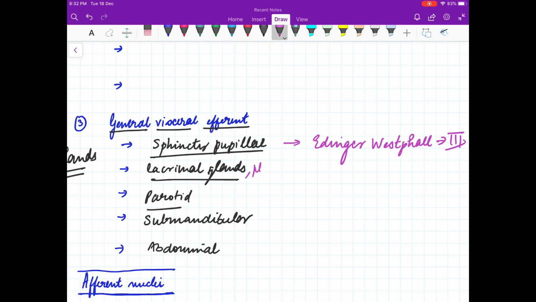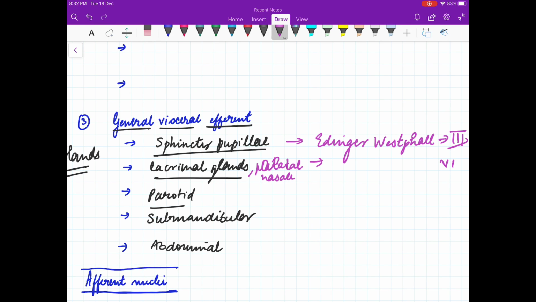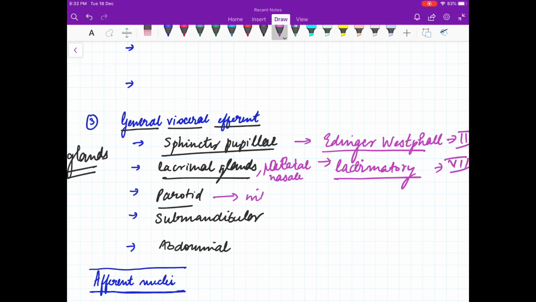Lacrimal glands, palatal glands, and nasal glands are supplied by seventh nerve nucleus, that is lacrimatory nucleus. Parotid gland is supplied by ninth nerve, and its nucleus is inferior salivatory nucleus.